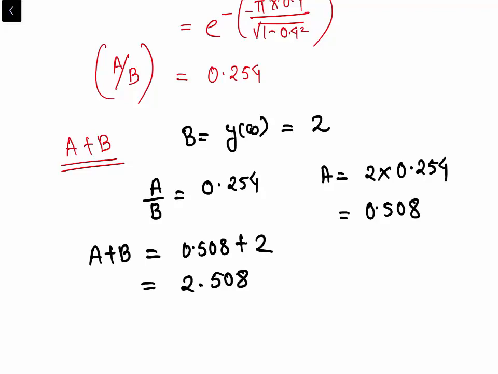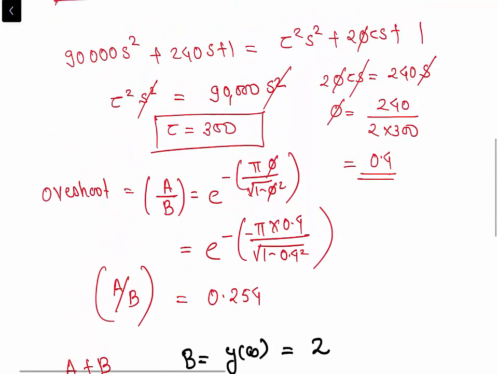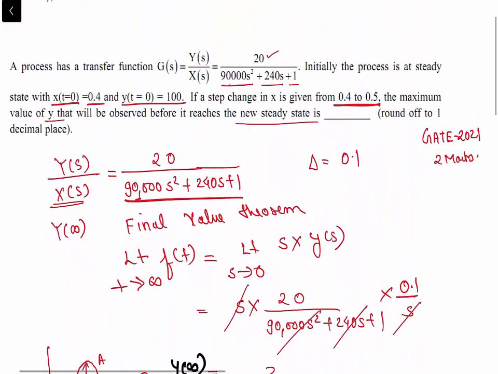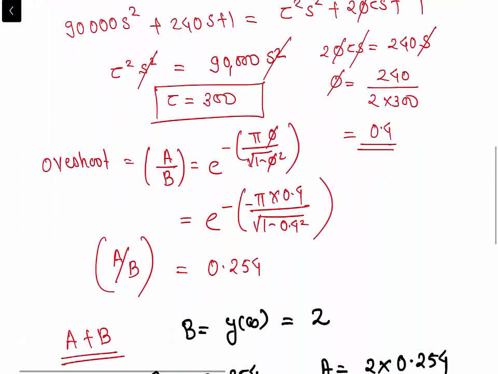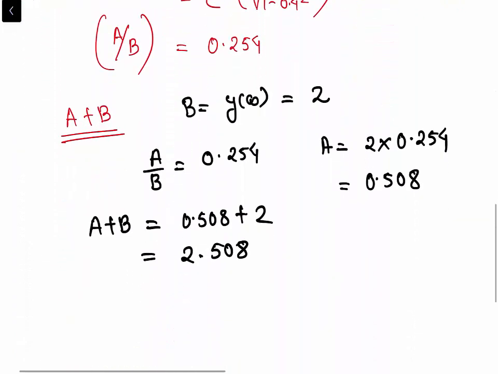If you see the question, what is given in the question? We want what is observed before it reaches a new steady state. So what we have to calculate is this 2.508. It is nothing but a deviation.